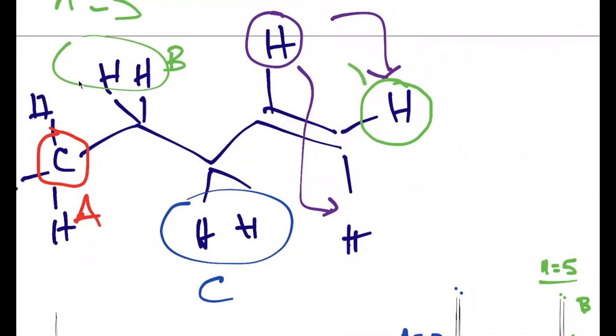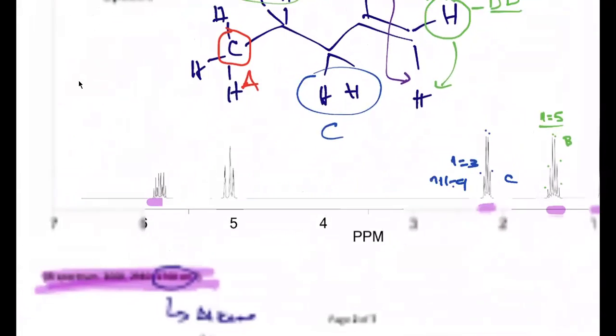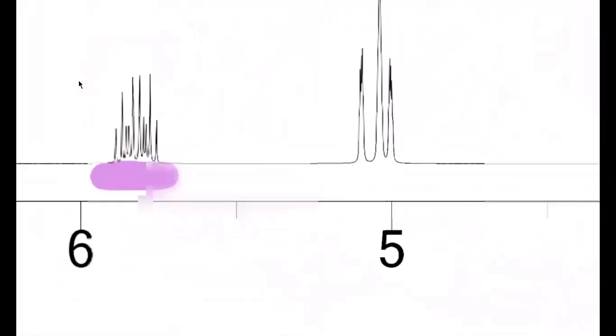Because it's going to split here and it's going to split here. So that should be a doublet of doublets, right? And if we look at the signal, you can kind of see that up in here. Those 4 lines, that's going to be your doublet of doublets. And then the other signal is going to be just difficult to pull out because of the overlap.